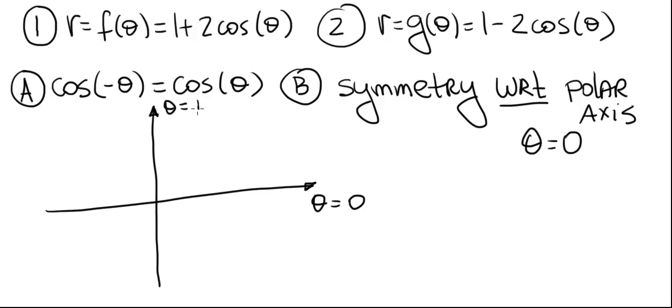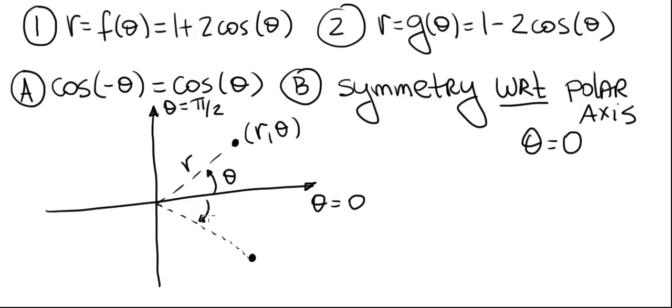When a point is on the graph, let's suppose the point is here with polar coordinates r, theta. This angle, in the counterclockwise orientation, is theta, and the length is r. If we have symmetry with respect to the line theta equals 0, then we should have a point on the opposite side of the line, and this angle is now measured in the clockwise orientation, so it is minus theta, and this is still r.